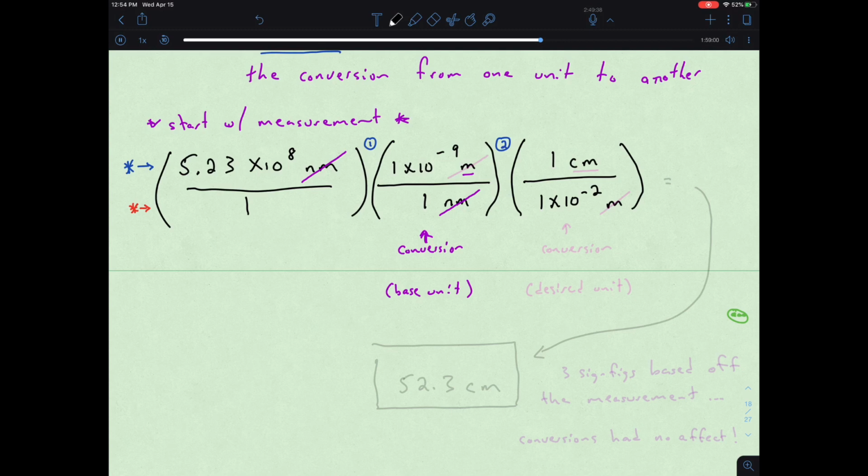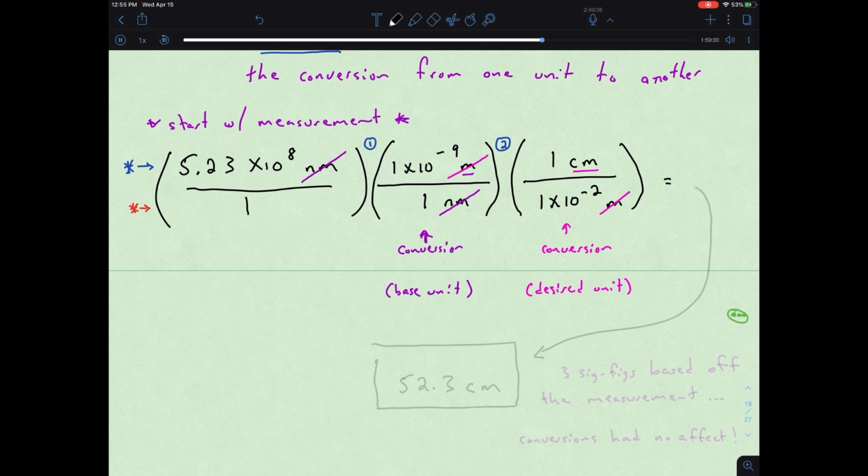So again, here is another conversion where now our units of meters are canceling out with this conversion piece of the meters. And the unit that we have left over is centimeters. So this is getting to our desired unit.